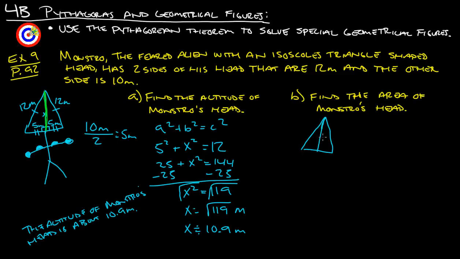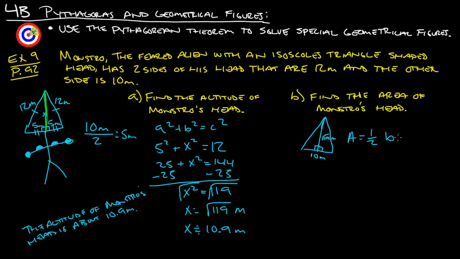The part that we really want to know is this, which, let's leave it as the square root of 119, and this is 10 meters. Square root of 119 meters is the altitude, and 10 meters is the base.